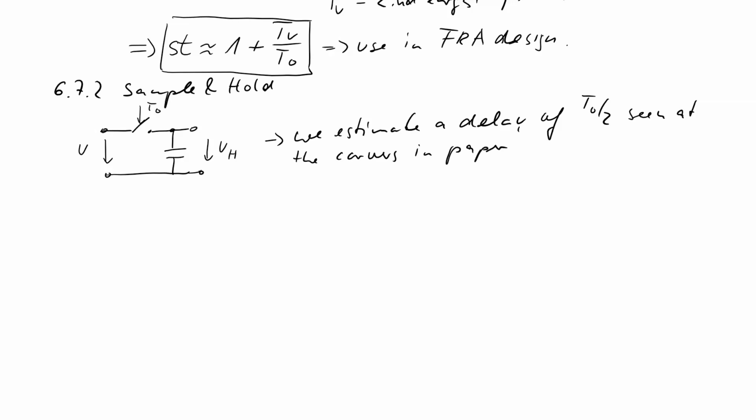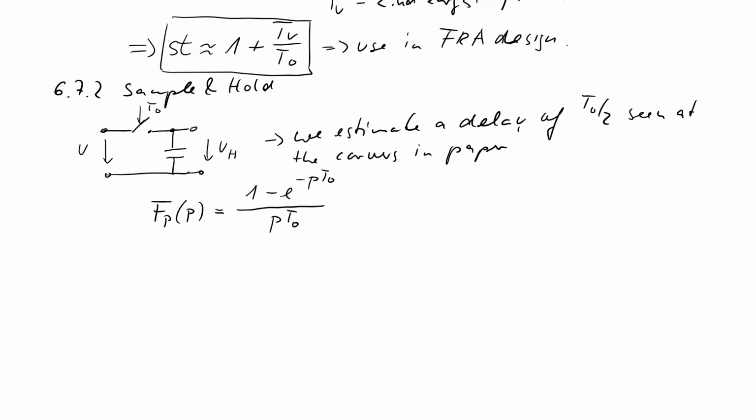But now we want to look at the transfer function, the frequency domain equation, of a sample and hold block. In books you can find that the sample and hold transfer function is (1 minus e to the power of minus p times sampling time) divided by (p times sampling time). That is the transfer function of this ideal system.